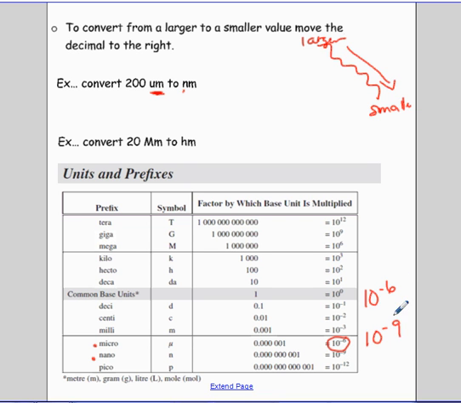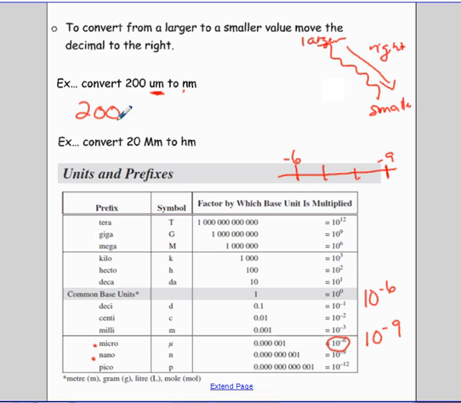We want to look at the difference between those two because that tells us how many spaces to move the decimal. If this is negative 6 on a number line and this were negative 9, how many spaces are between these numbers? Well, there's negative 7, negative 8, negative 9, 3 spaces. That's how many places we move our decimal. Again, we're moving it to the right because we're converting from larger to smaller. We're going down the stairs.